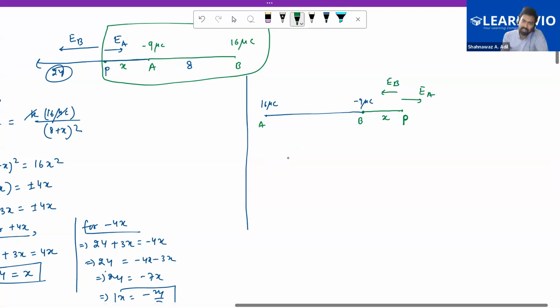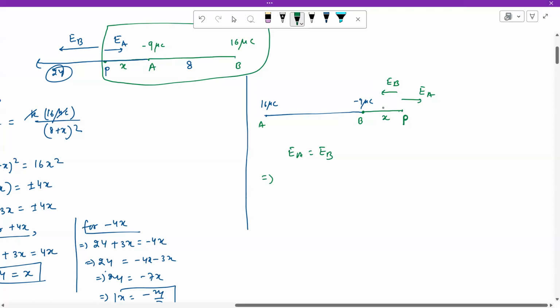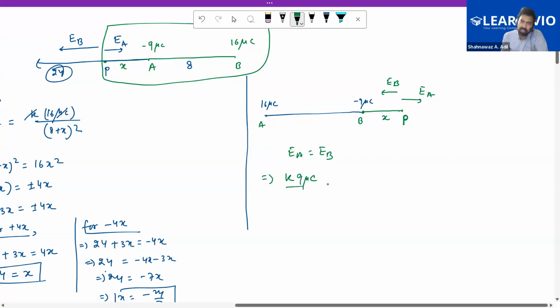Again, if we calculate from here, EA is equal to EB. And there is a problem of right and left, so how do we solve that? This is K Q, with Q being 9 microcoulomb divided by X squared, and then K 16 microcoulomb divided by (8 plus X) whole square.